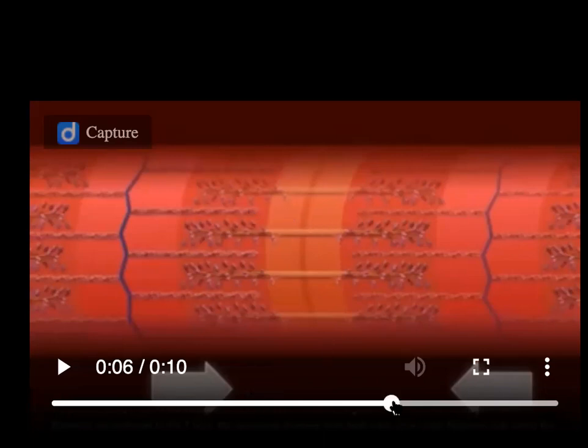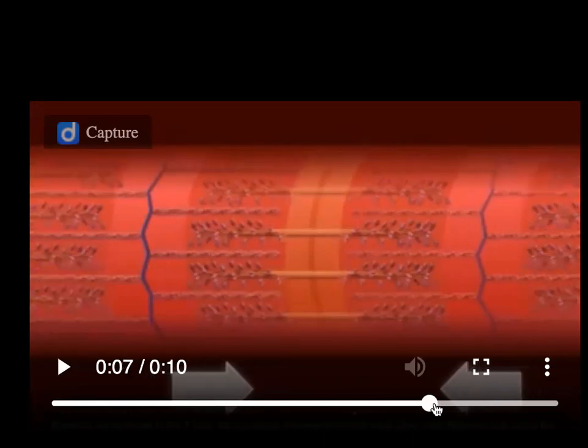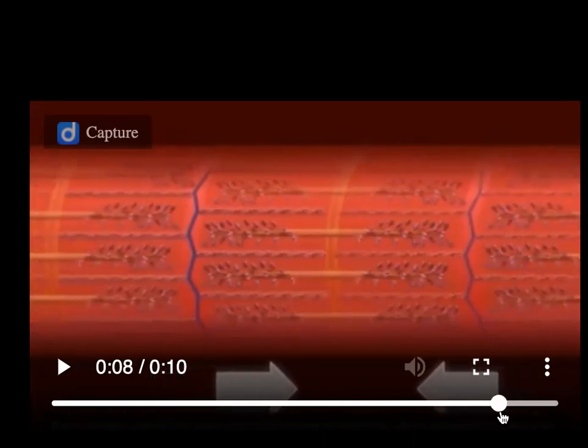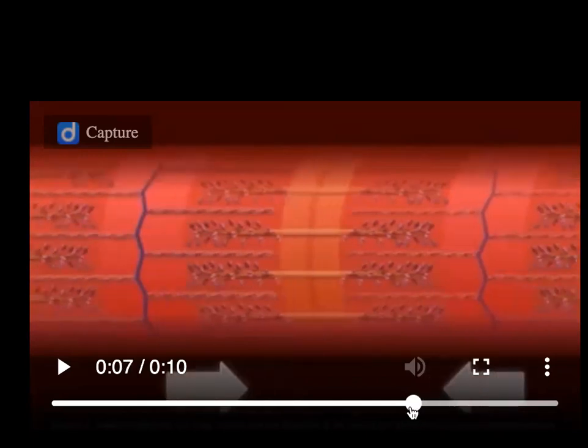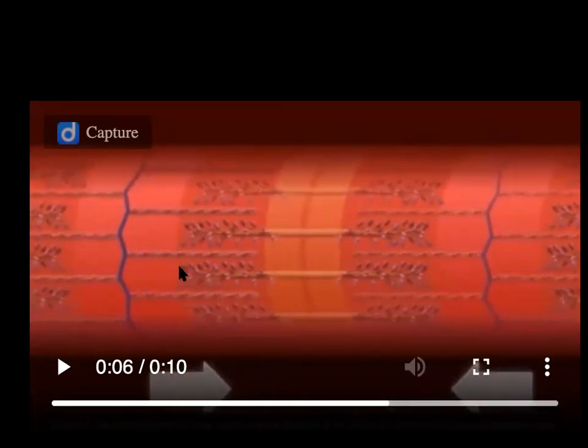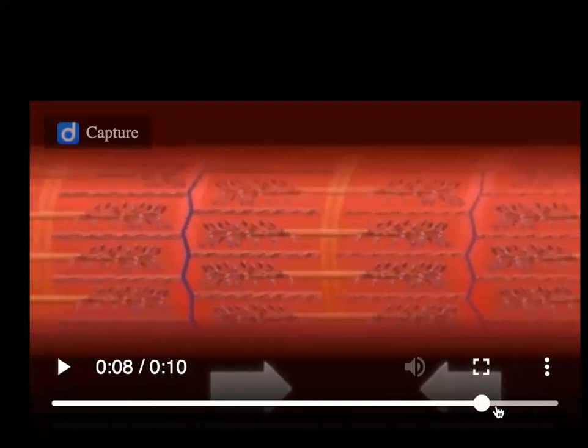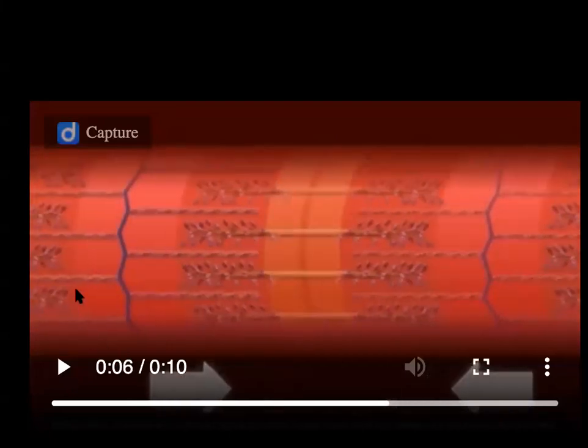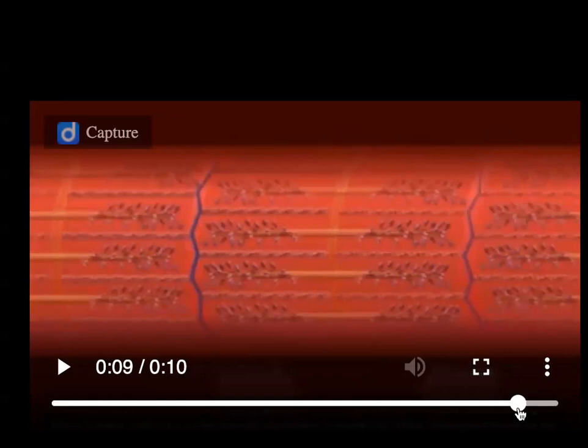Notice that as our muscle contracts, we see a shortening in the H zone. Notice that the A band does not change in its length, right? The A band is defined by the ends of the same thick filament. Another thing that shortens is our I band over here, from here to here.